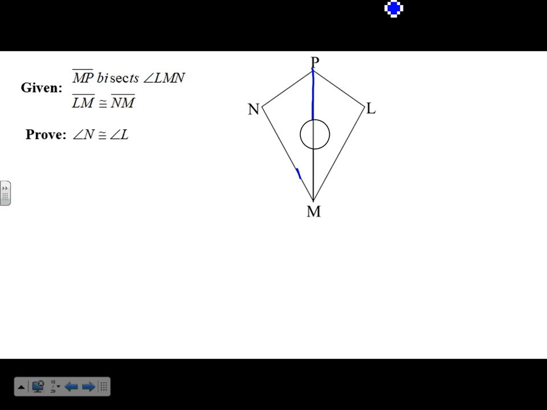When it bisects it, remember that means the angle is cut in half, so they are congruent. So I had angle LMP is congruent to angle NMP, and I know that because of the definition of bisect. Technically, it's the definition of an angle bisector, but either one is fine. I'm okay with that.